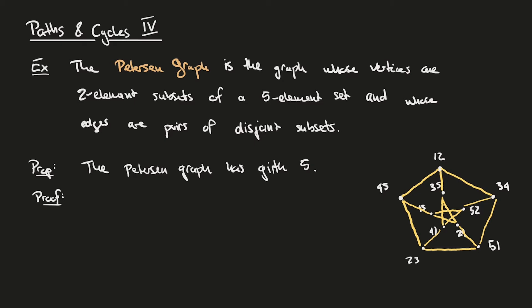We'll prove this in the following way. First, we observe that the Petersen graph contains a 5 cycle. In the first drawing that we made, this 5 cycle could be the exterior cycle of the drawing.